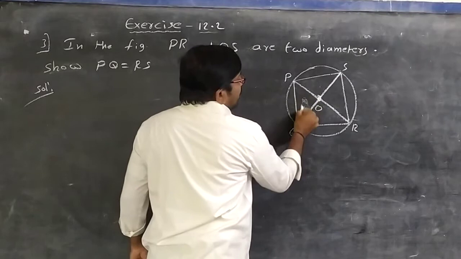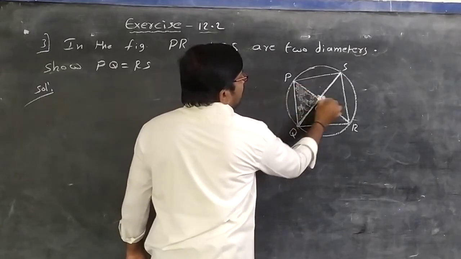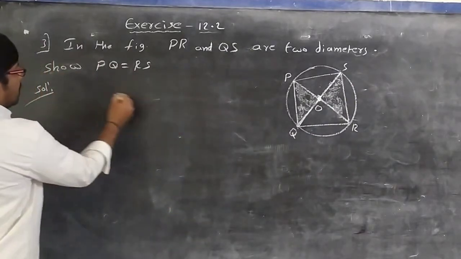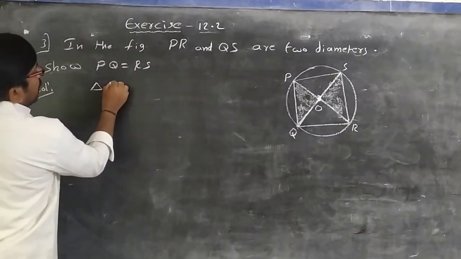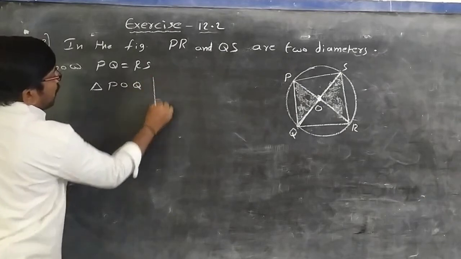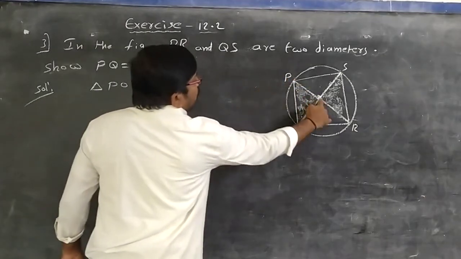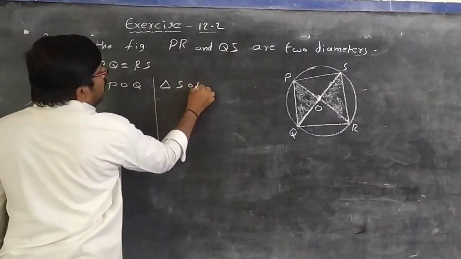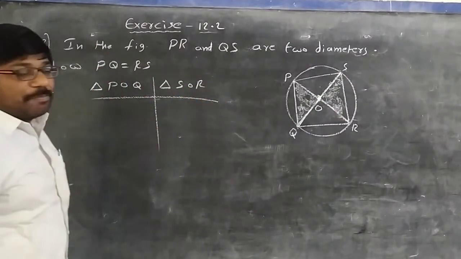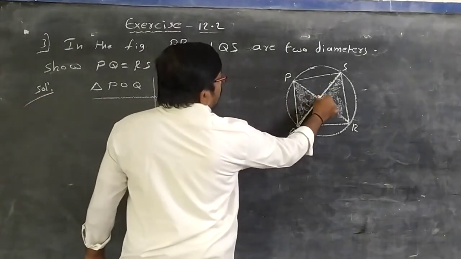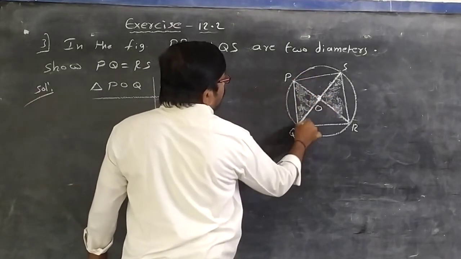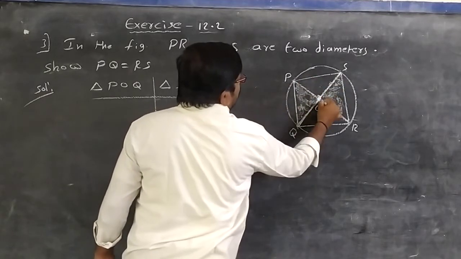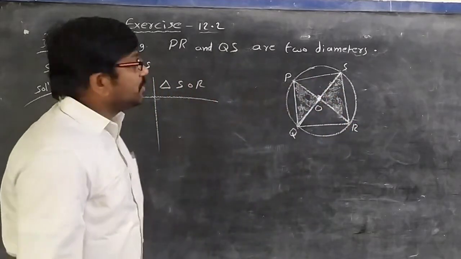By taking these two triangles, the first triangle POQ, next triangle SOR, compare corresponding parts. OP is equal to OQ and OS is equal to OR, that is radii in the same circle.